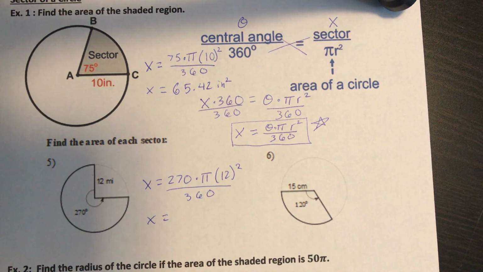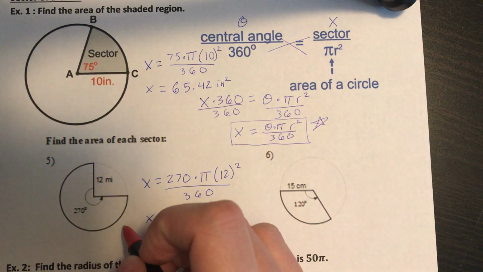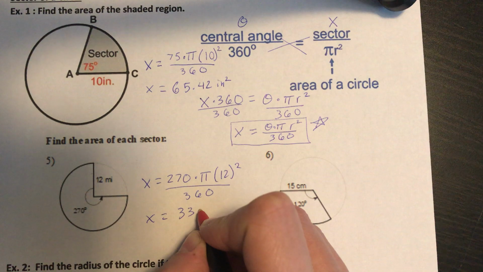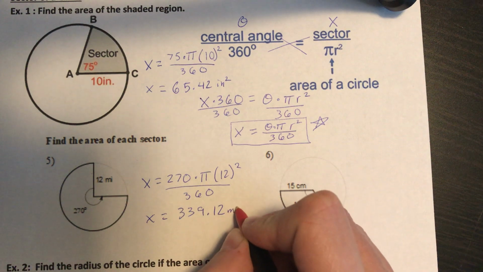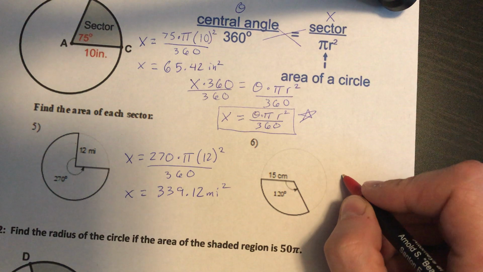If you don't feel quite confident yet, you can watch me do a couple more and then try the homework on your own. This again was a bigger value, which makes sense because we were dealing with a bigger angle. You should have gotten 339.12 miles squared.